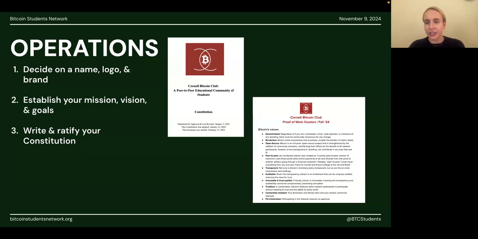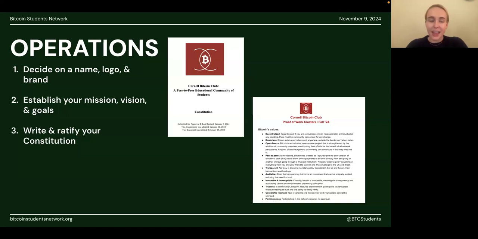I also have on here a screenshot of what I'm calling a proof of work cluster. Maybe someone can find a better name for me on this, but essentially, most clubs, at least in the US, have some sort of group called their executive board or their e-board. And a lot of the clubs have an application to join. For Bitcoin Club, as we all know watching this video, Bitcoin has no application to join it.